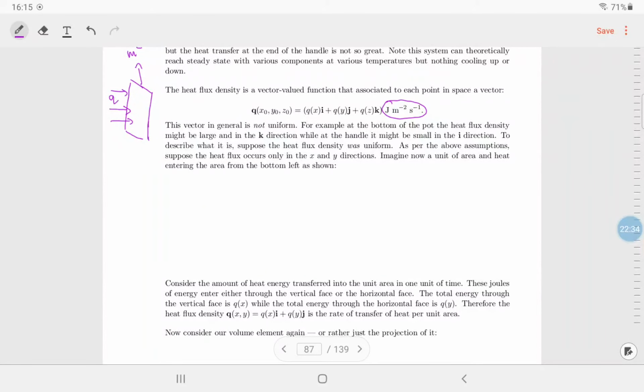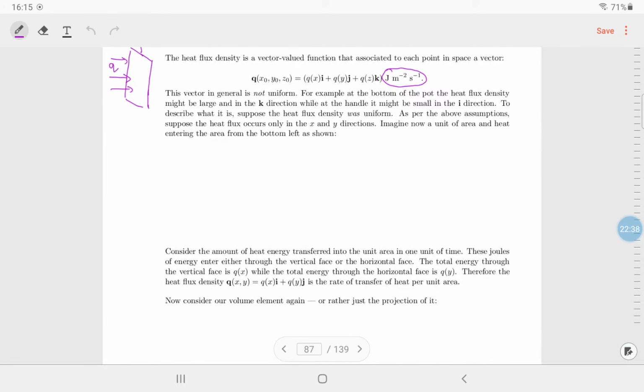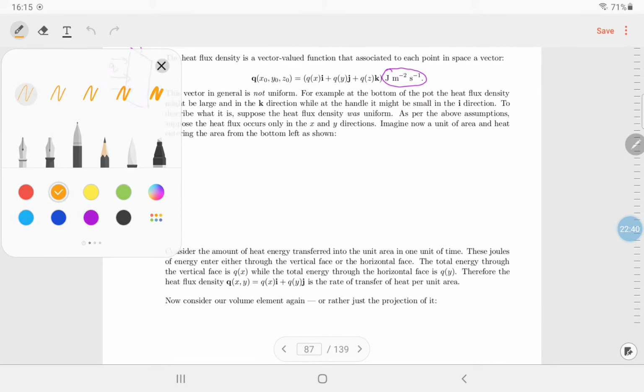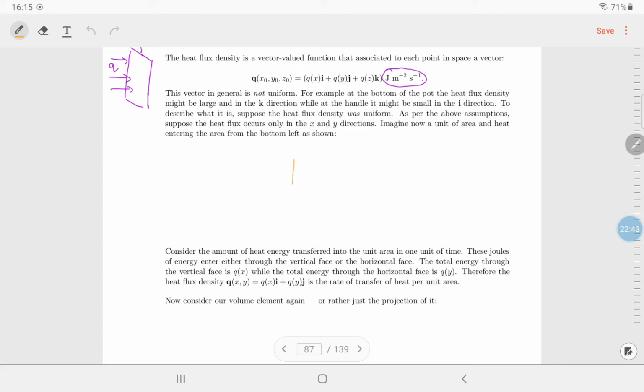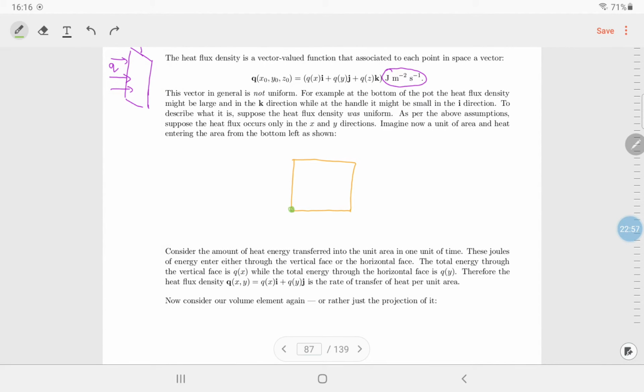Now, imagine our unit of area. Our unit of area is our little thing here, so we'll do our best to draw this. We're going to make an assumption, which isn't a great one. We're going to have a point here and a point here, and we're going to give it coordinates.